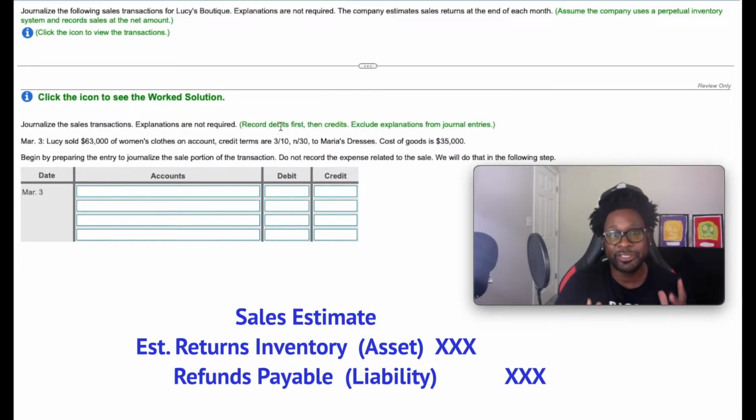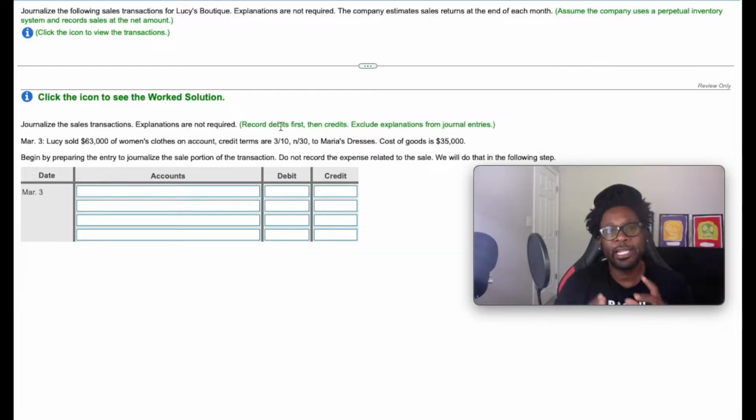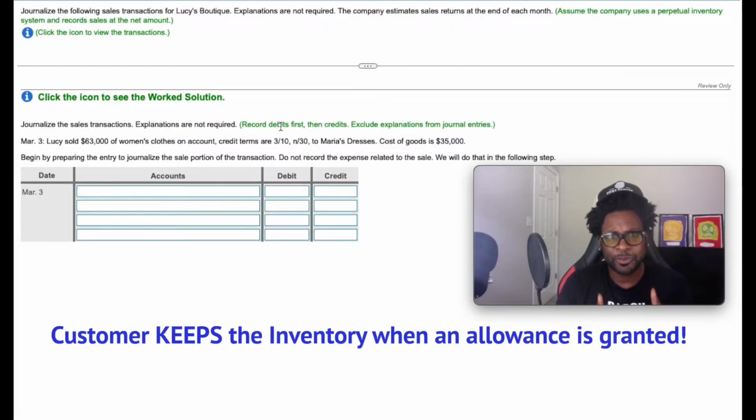Your estimated returns inventory is an asset account. Now, when the following period occurs and there are actually returns or allowances being granted, one or two of those accounts will be affected. Gang, the difference between an allowance and a return is that the customer keeps the inventory.